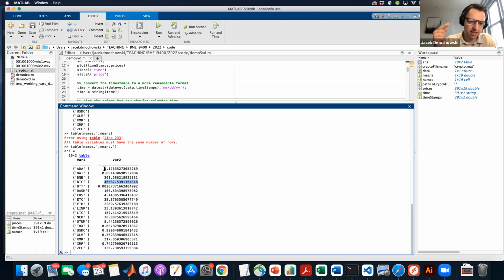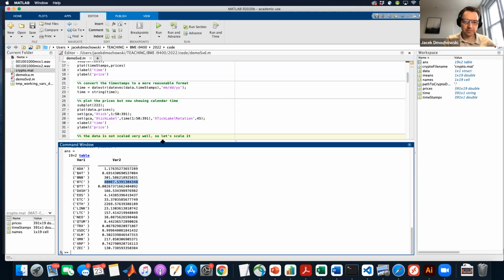But getting back to the argument about the absolute price not being important, a big factor in assessing the prices is, well, how many Bitcoins are there? The reason that 1 Bitcoin is worth 40,000 is because there aren't as many Bitcoins as, let's say, Ethereum or something else. And that's why I'm going to normalize the data.